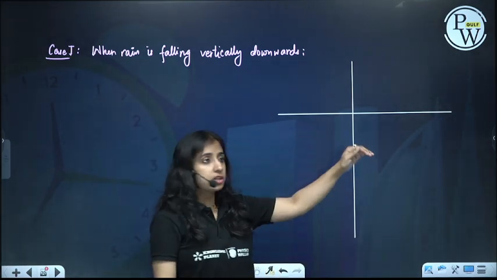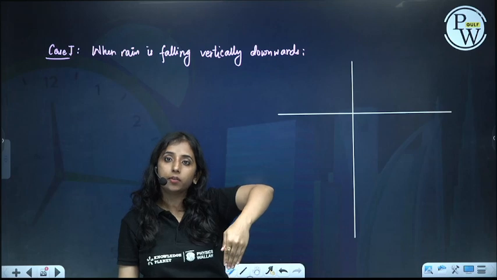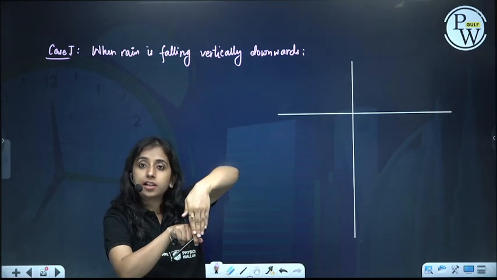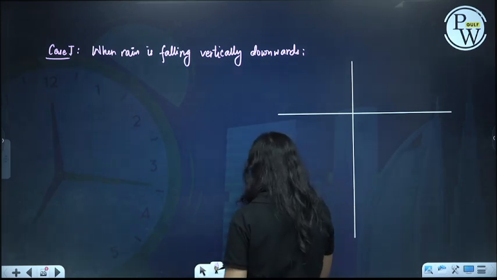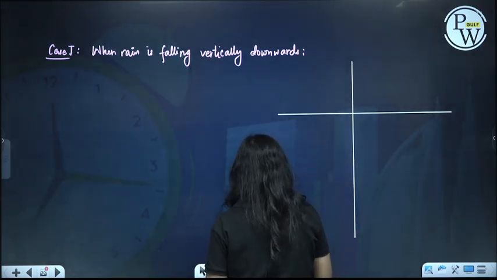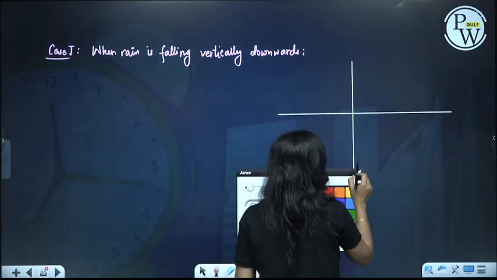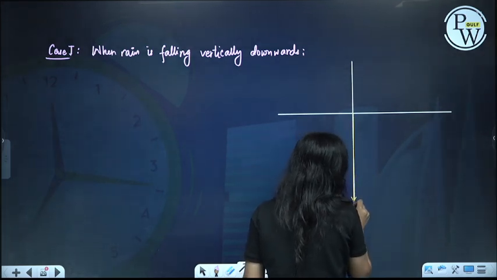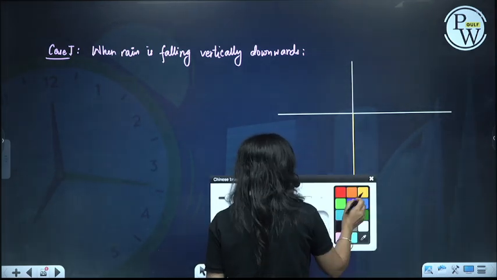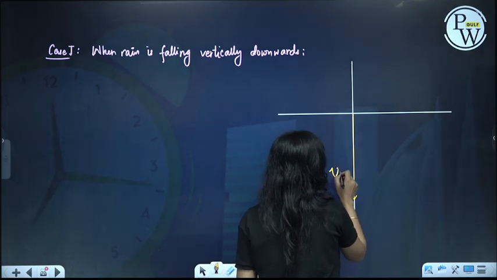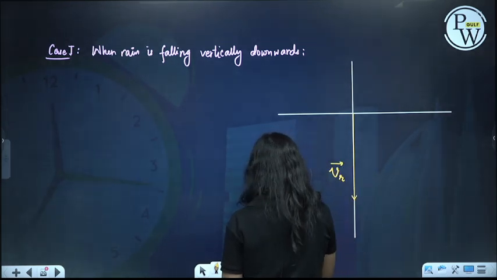Rain is falling vertically downwards, and any direction in the plane will be perpendicular to the vertical. So we will have the velocity of rain in this direction. Rain is falling vertically downwards with some velocity VR. This is the actual velocity of rain.